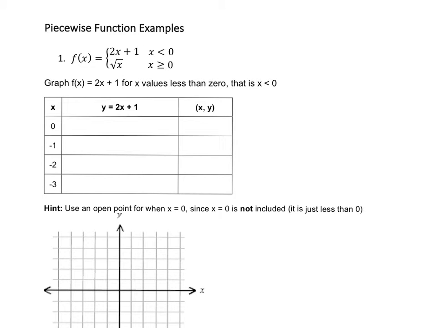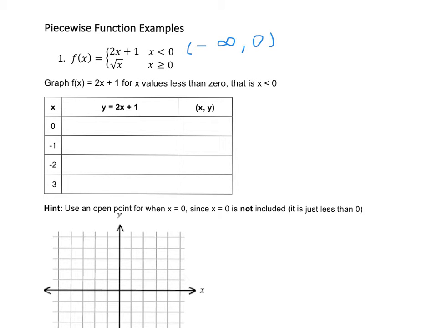Okay, let's look at some examples of piecewise functions for just more practice. This first one, the function has two pieces: 2x plus 1 for x less than 0. In interval notation, that would be negative infinity up to but not including 0.